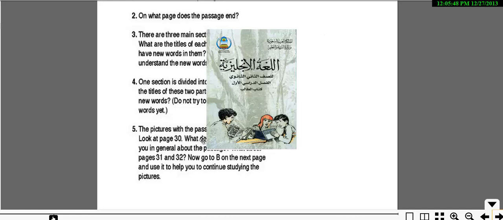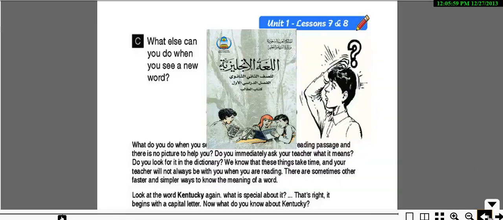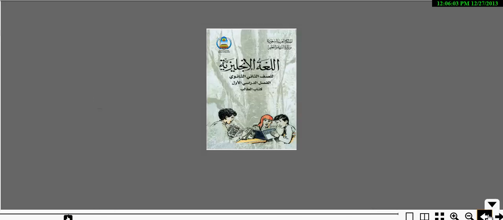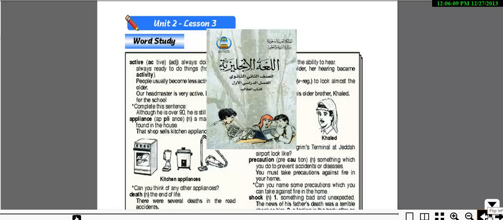The pictures with the passage will also help you. Look at page 30. What do the pictures there tell you in general about the passage? Oh, it took me a lot of brain to get to this. Well, this means one thing. The passage starts in Unit 1 and it continues up to Unit 2. See, there are 3 pages.